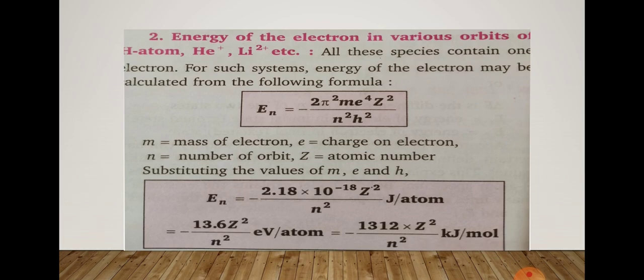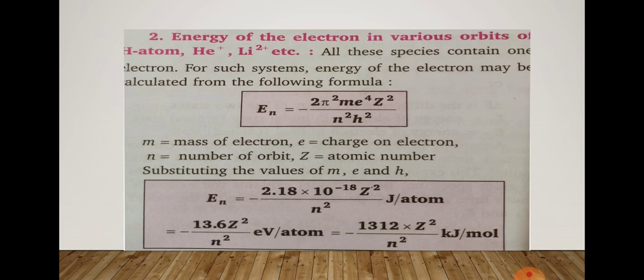Here you can see what each symbol refers to. Small m is the mass of the electron, small e is the charge of the electron, small n is the number of the orbit, capital Z is the atomic number, and h is Planck's constant.